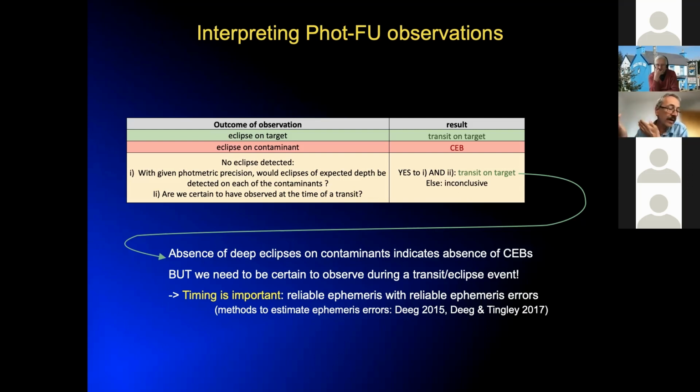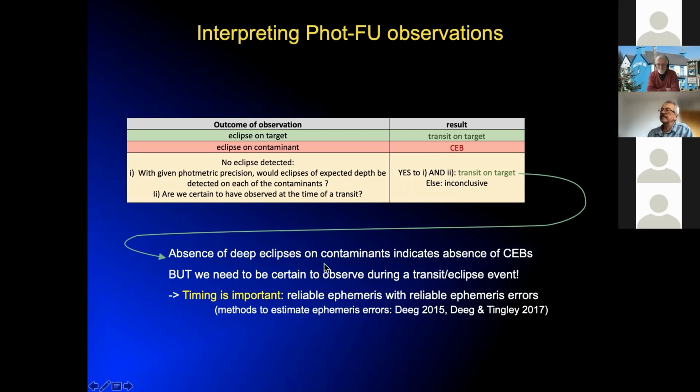And on the target, we can't detect it because, for example, in the space mission, it was only a 0.1% deep transit. And that is something that we simply can't see in our photometric ground-based data. Else, if we have to say no to one of these 2 questions, then the data are indeed inconclusive.